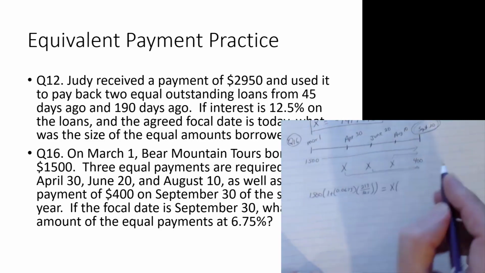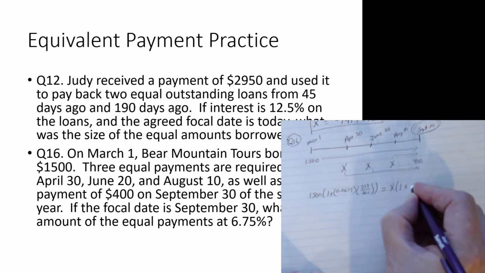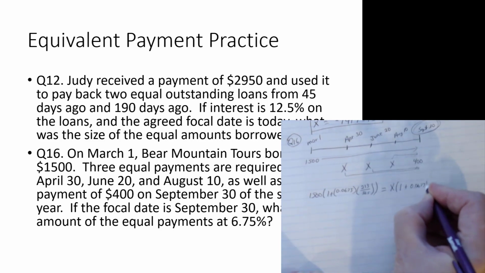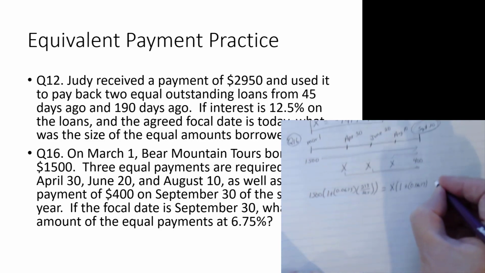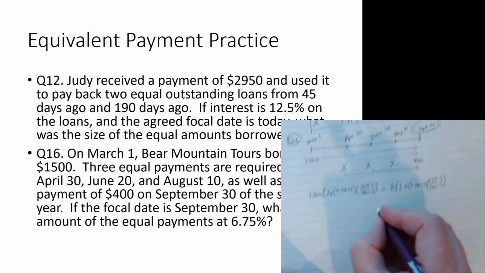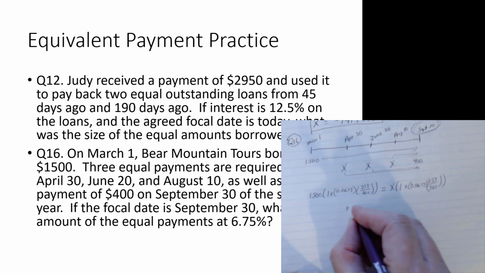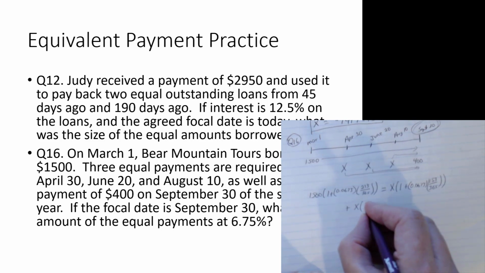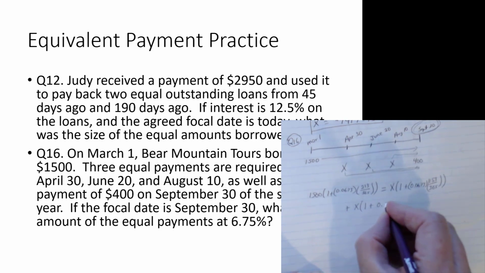So first payment, the April 30th payment, 1 plus, and again, same interest rate. It's a little messy, 153 days over 365, and then we add that to another X, 1 plus, again, same interest rate.